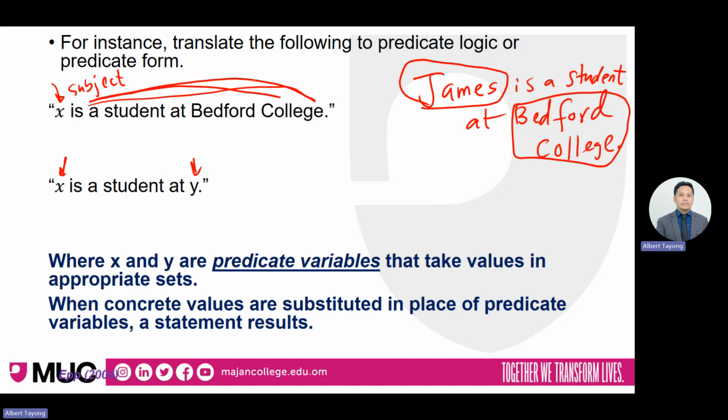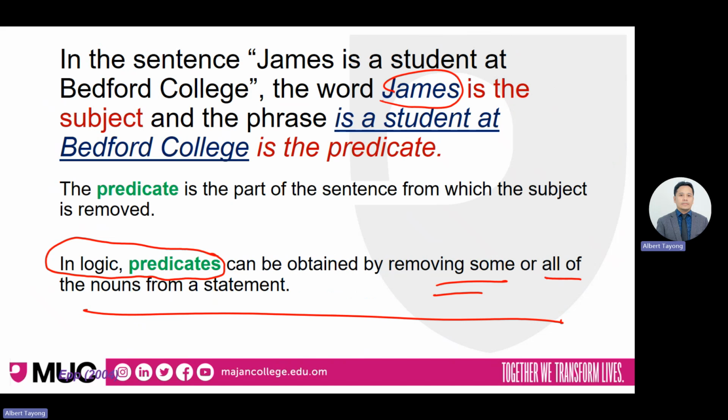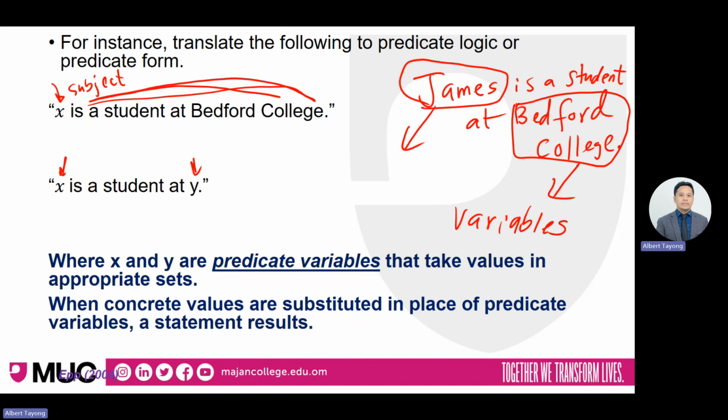But our nouns or our subjects, like James and Bedford College, will become variables. That is the difference in logic. We are changing our subject and other nouns into variables. So we are not just dealing with a predicate. We are dealing with a whole sentence, where the subject or some other nouns are changed into variables, like here.